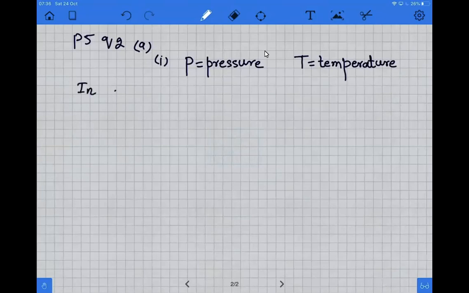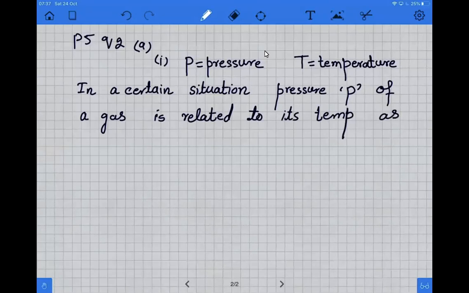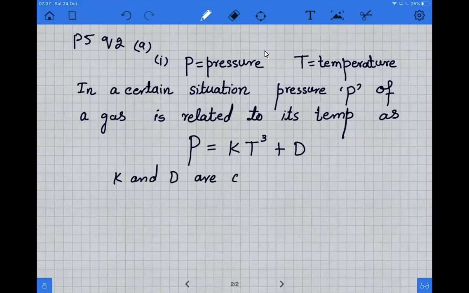In a certain situation, the pressure P of a gas is related to its temperature as P is equal to K times T cube plus D. This is the easiest question that they can give. K and D are constants.